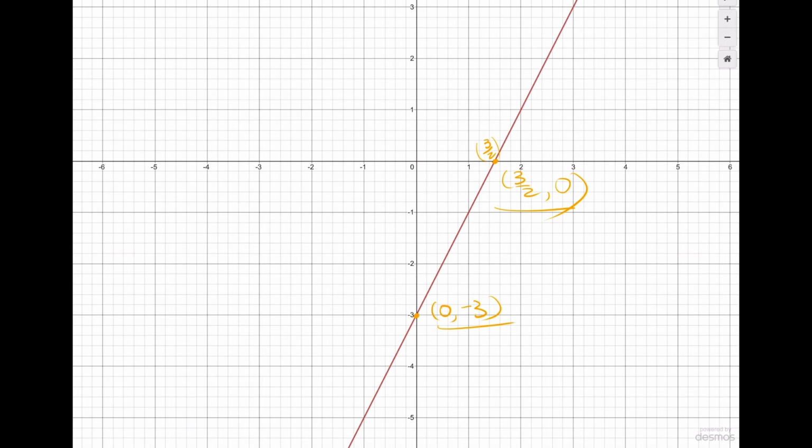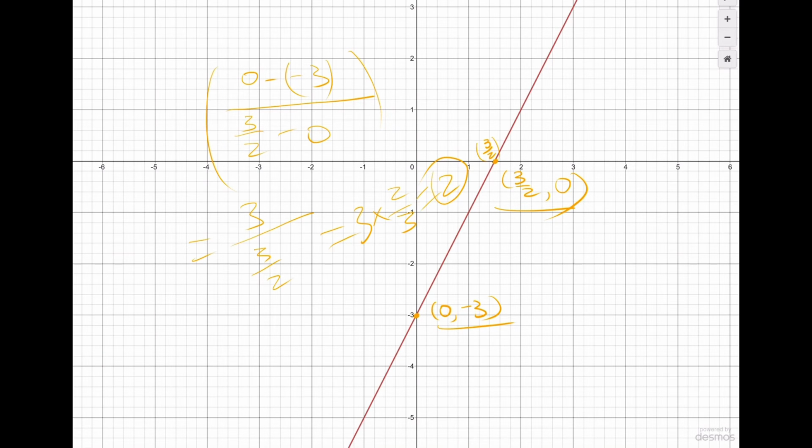So y2 minus y1 over x2 minus x1. 0 minus negative 3 over 3 over 2 minus 0, which is equal to positive 3 over 3 over 2, which is 3 times 2 over 3, which equals 2.